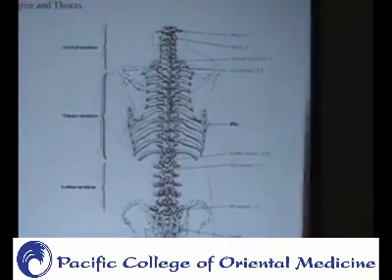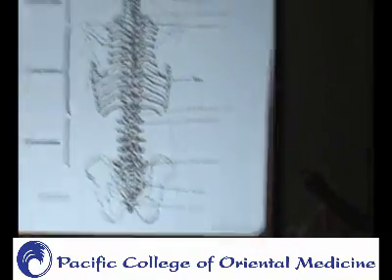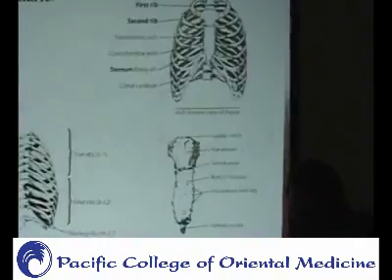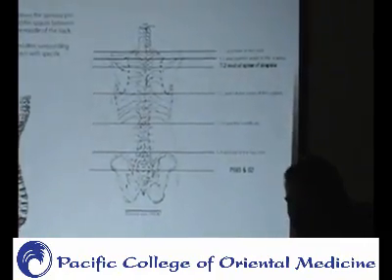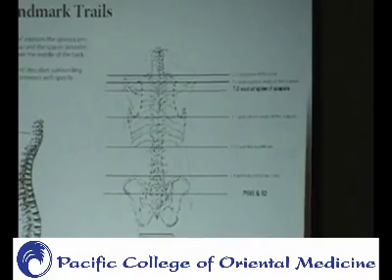So you'll be able to palpate that and then come across, and that's usually, let's see, I've got them marked. T3. Yeah, T3. So T3 is the root of the spine of the scapula.